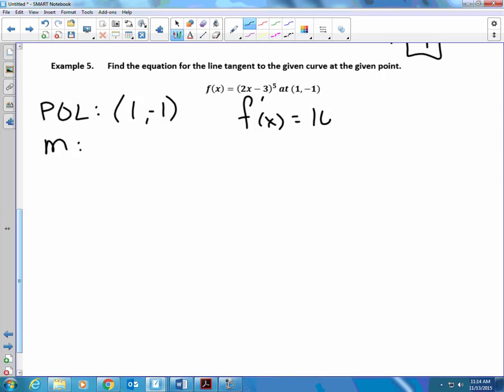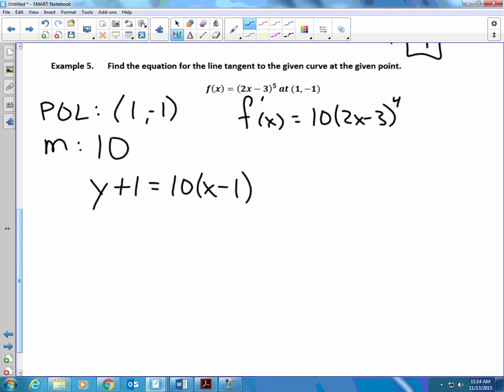So it'll be 10u to the 4th. How do I find the slope? What do I plug in? What's 2 times 1? -3 to the 4th times 10. y plus 1 is equal to 10 times x minus 1. Put in slope-intercept form. Done.